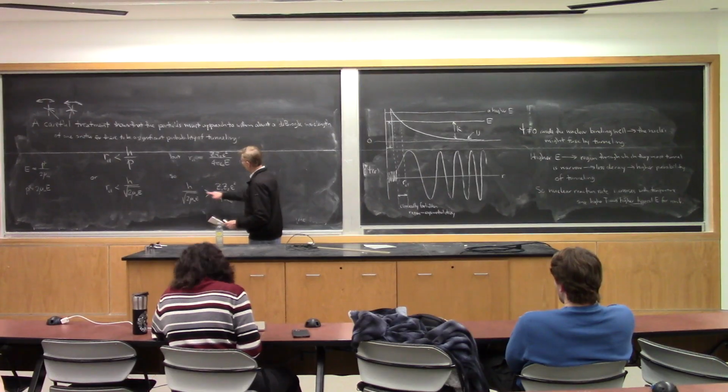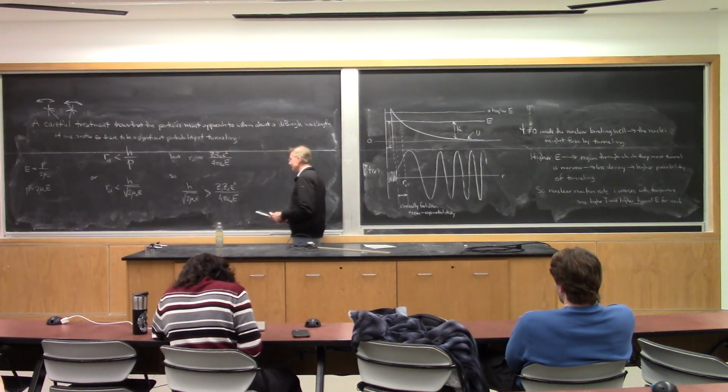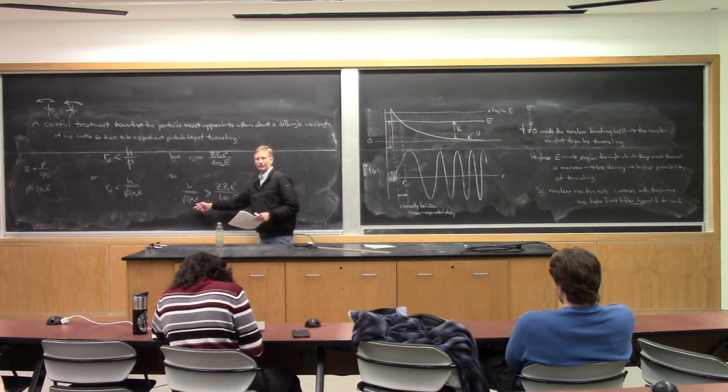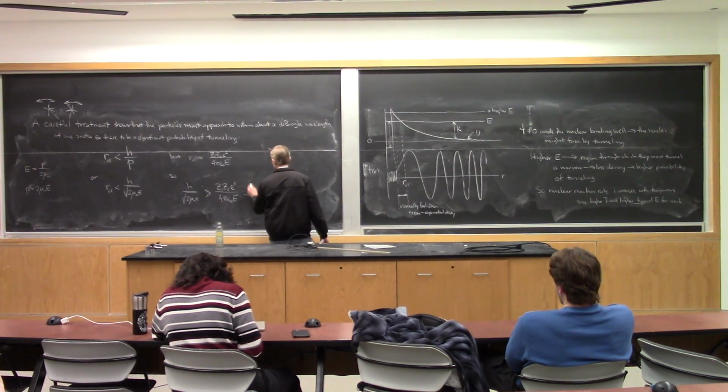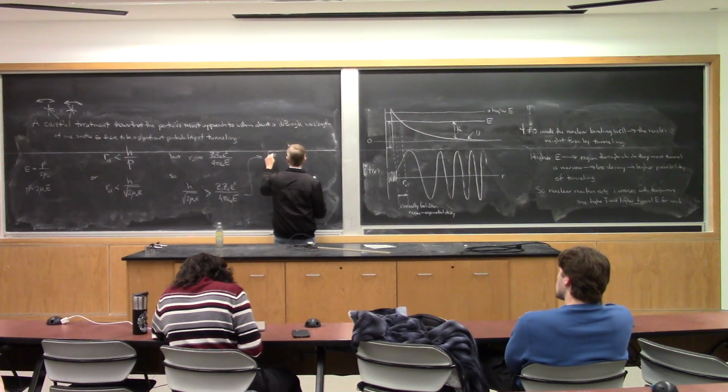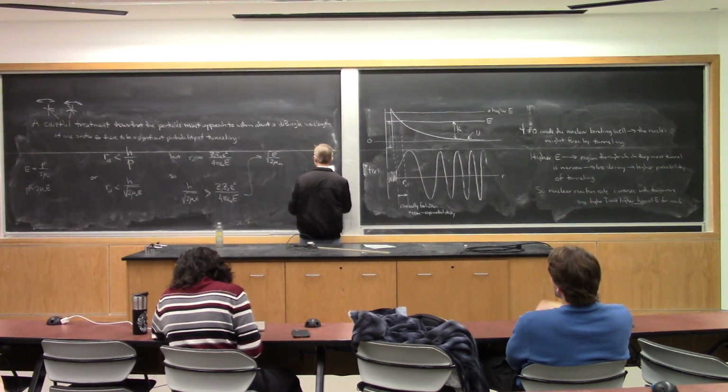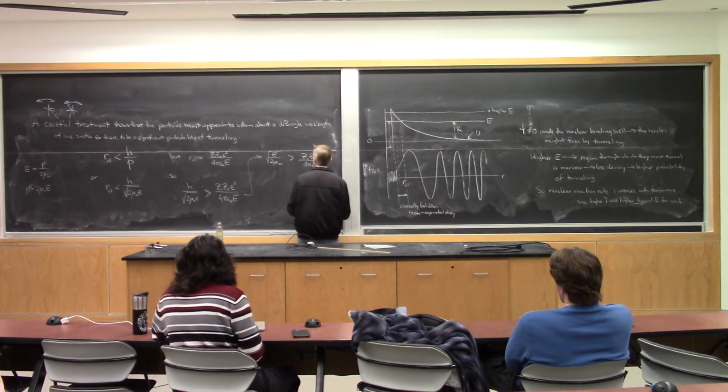So now let's multiply through by E, and E over the square root of E is the square root of E. So this turns into square root of E over 2 mu is greater than Z1 Z2 e squared over 4 pi epsilon naught h.